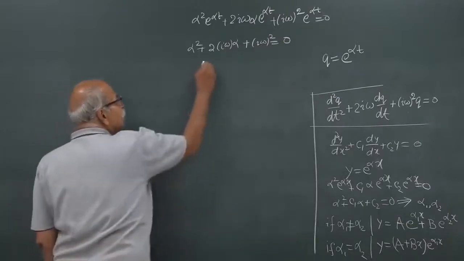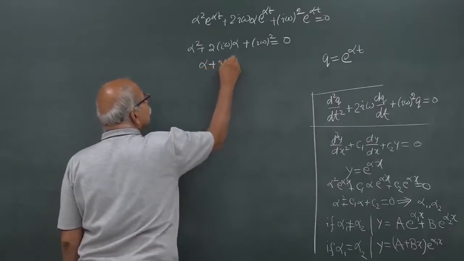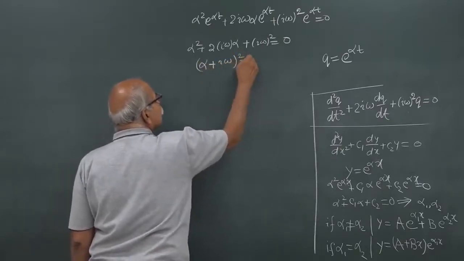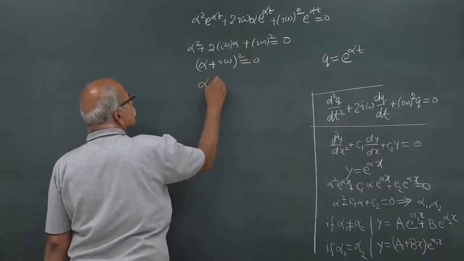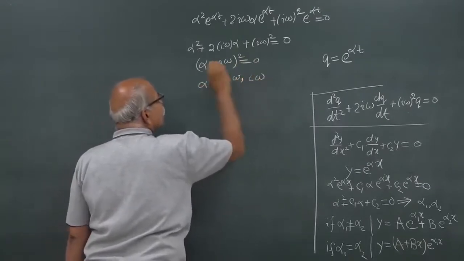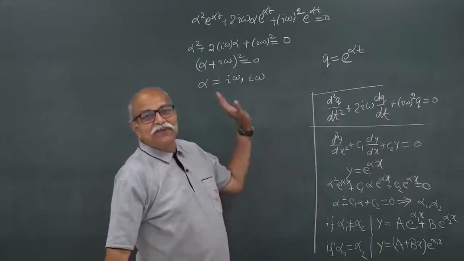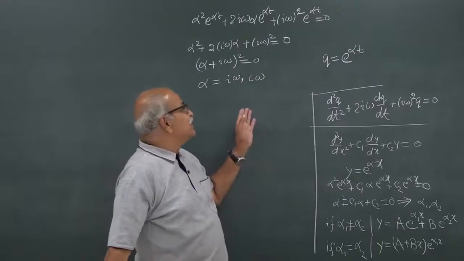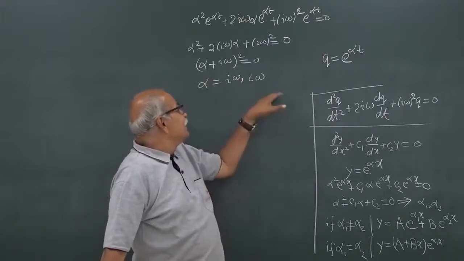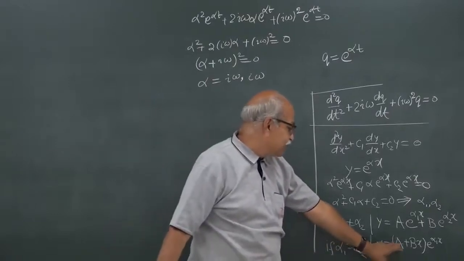And that means alpha plus I omega whole square is equal to 0. So, alpha is equal to I omega comma I omega. Okay. So, the two roots of this quadratic equation are equal, and therefore, I have to use this recipe.